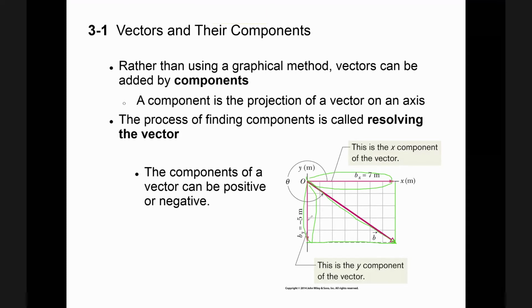Now notice the components, please write it down if you wish. The components of a vector are scalar quantities. Because it's very important: components of the vector are a scalar quantity. How?